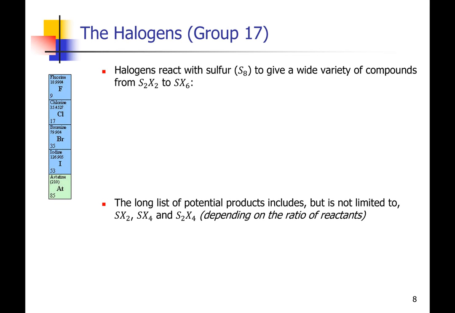Sulfur exists in many different allotropes, but one of the most common is S8, which essentially is a crown, so a ring of 8 sulfur atoms, kind of like so, each of which has 2 lone pairs on it.